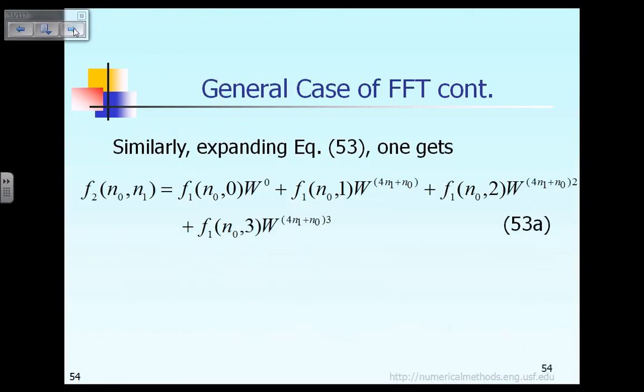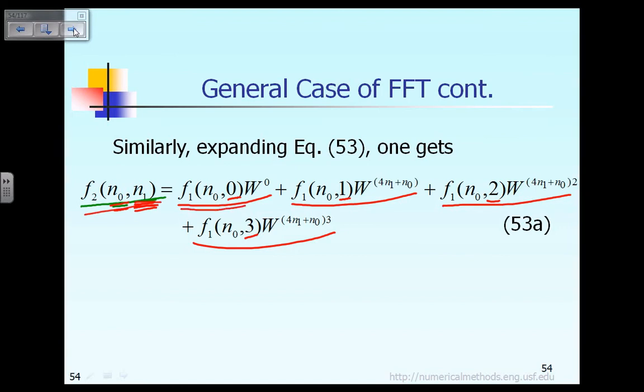Similarly, the computation of the intermediate vector f2 also requires the 4 data from the previous vector f1, such as this term from f1, this term from f1, and this term from f1.